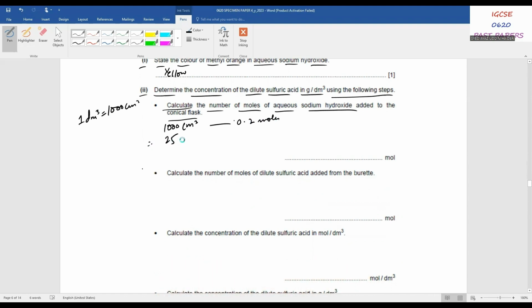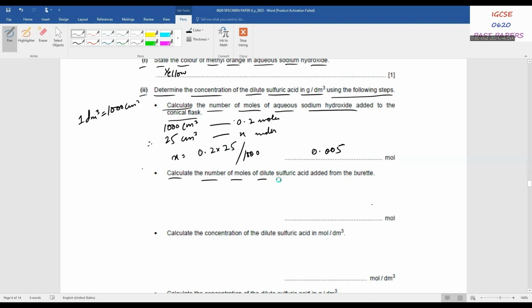Therefore, 25 cm³ contains X moles. So X will be 0.2 multiplied by 25 divided by 1000. So the answer will be 0.005 moles of sodium hydroxide.